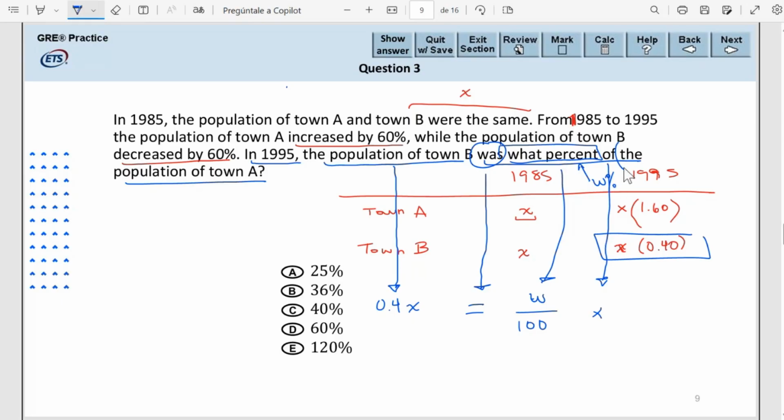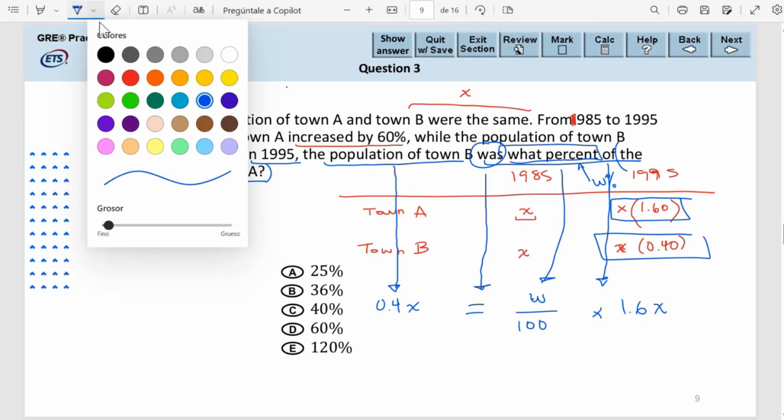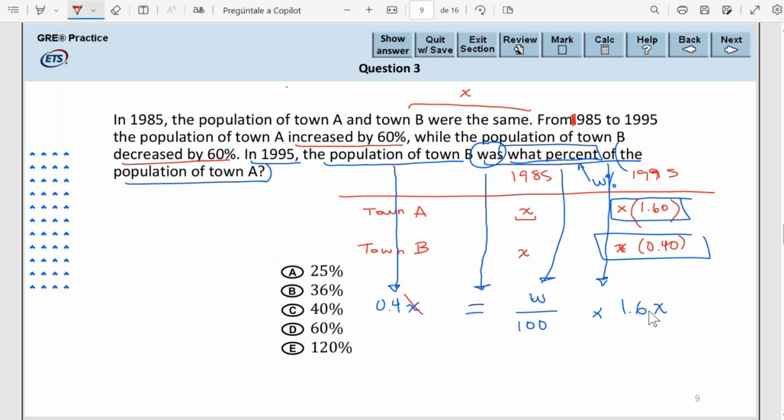And then we have the population of town A, which in 1995 is represented by this expression, 1.6 times X. So now, solving for W will yield exactly the answer to the question, but we don't know X. But you see that X is a common factor on both sides of this equality, so it can be cancelled. Finally, W is calculated by multiplying 0.4 times 100 and divided by 1.6.